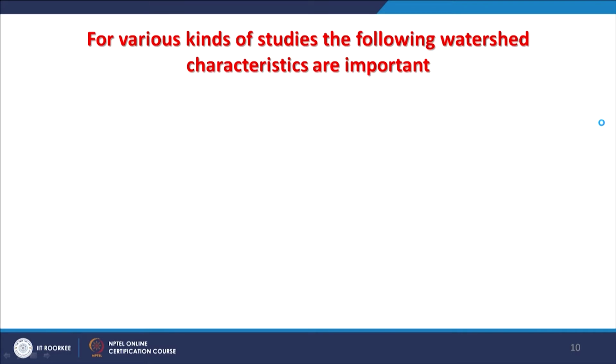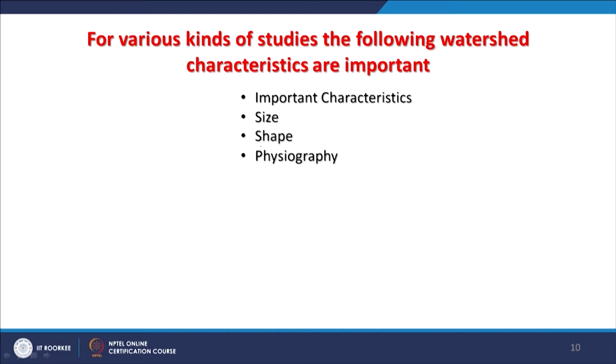Now, there are other uses of watershed characteristics which we can utilize, like for example important characteristics such as size, shape of the watershed, physiography of the watershed, and climate. Physiography will include minimum, maximum, slopes and other things.